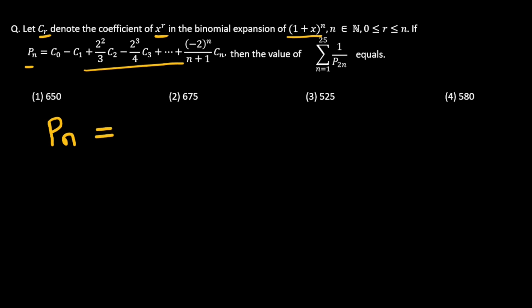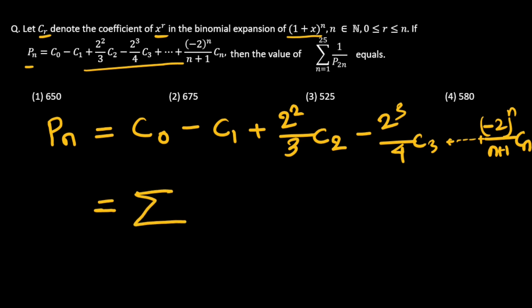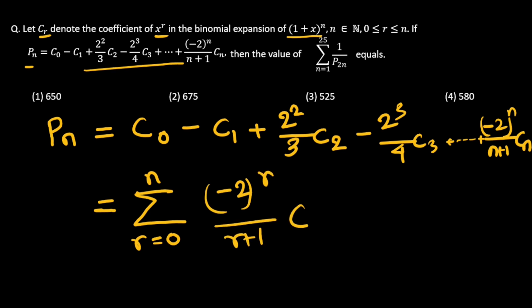So Pn is equal to C0 minus C1 plus 2 squared over 3 C2 minus 2 cubed over 4 C3 and so on, up to minus 2 to the power n over n plus 1 Cn. Therefore, we write this expression in summation form: summation r is equal to 0 to n of minus 2 to the power r over r plus 1 Cr.